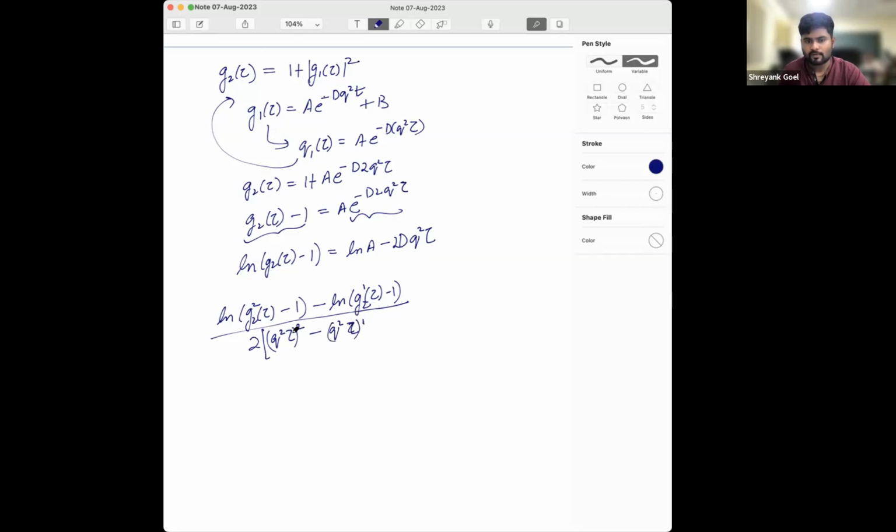So from here we can get diffusivity. What is the diffusivity?